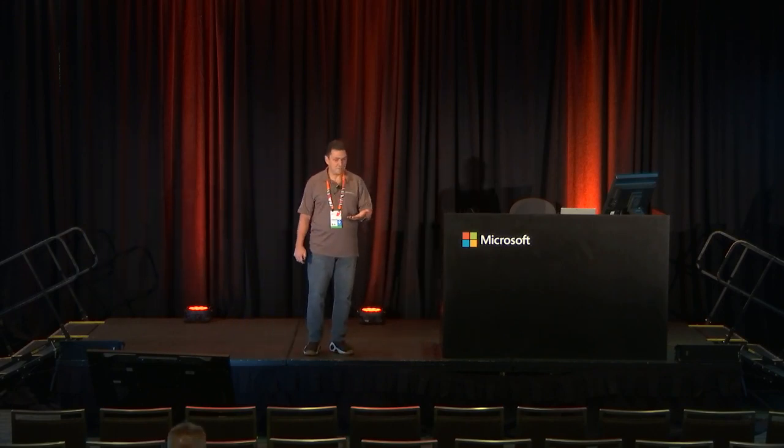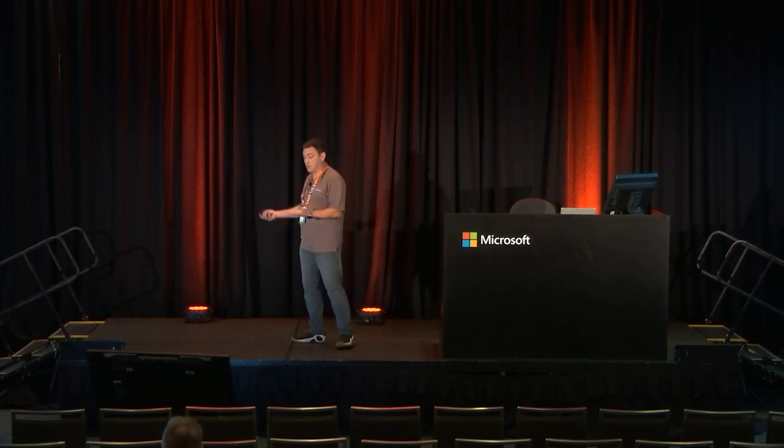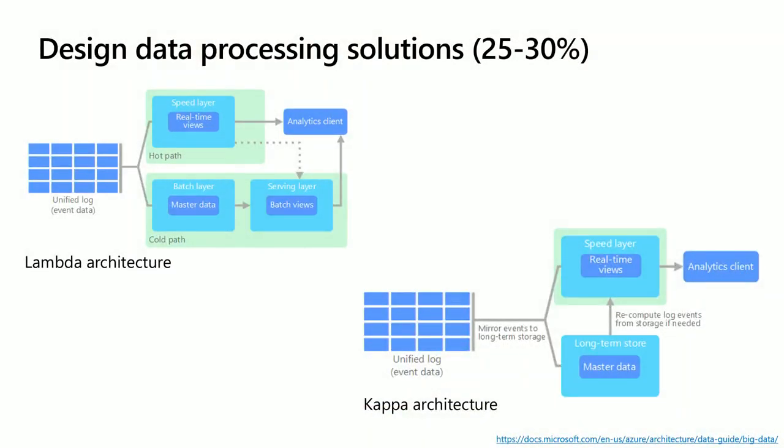Does that make sense? The processing model being hot streaming or batch processing, right? So depending on the situation, you may choose one or the other, but you must be aware of both options because these are the architecture decisions, design decisions you have to make when you are a data engineer.